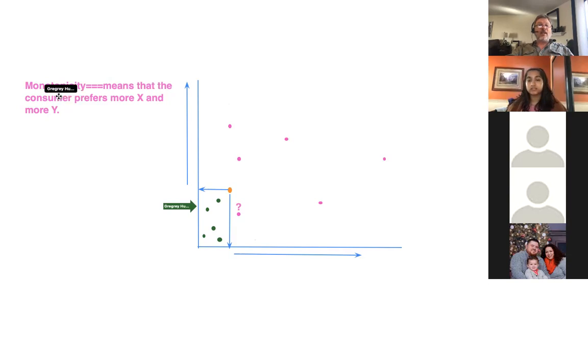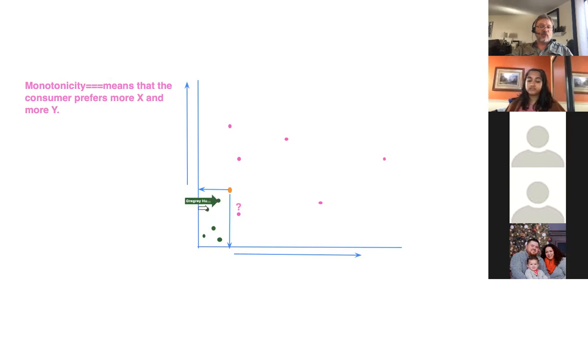Well, what I want to emphasize, and I'll disagree with you, is that we just want to talk about, if the consumer is monotonic, what do they prefer and what do they not? Monotonicity won't rank a point like this relative to the orange one. We know that they would prefer the orange to the green.